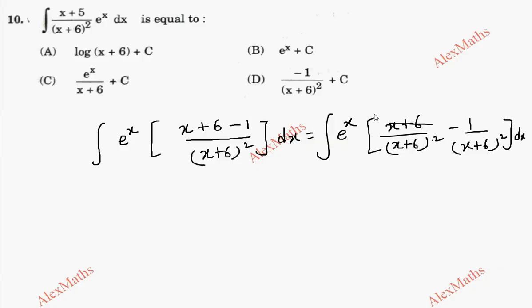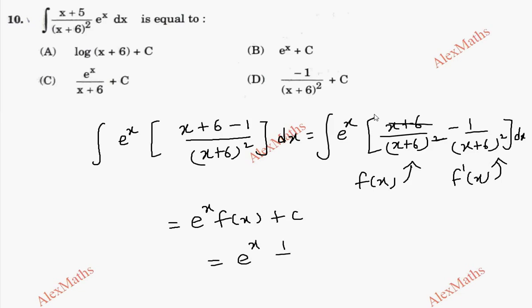After cancelling this, we have 1 by x plus 6. If I take this as f of x, and this will become f dash of x, and we have a form e power x into f of x plus f dash of x. The answer is e power x into f of x plus c. So here the answer is e power x into 1 by x plus 6 plus c. So from the given options, we find the answer present in option C.